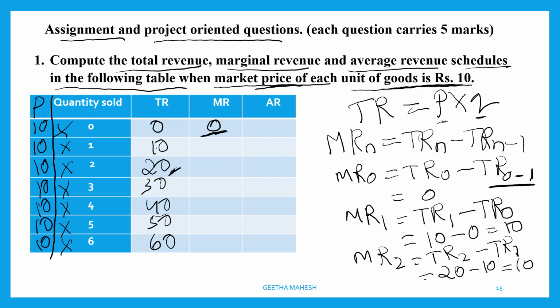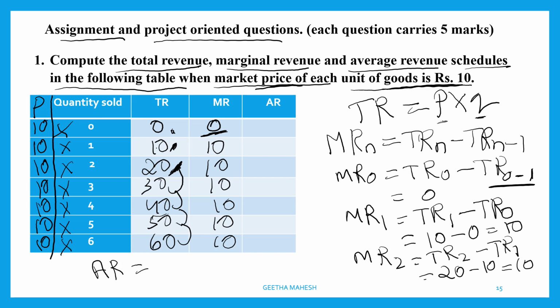So, like this 10 minus 0 you will get a 10, 20 minus 10 you will get a 10. Again 30 minus 20, 10, 40 minus 30, 10, 50 minus 40, 10, 60 minus 50 will get a 10. Then how will you find out average revenue?